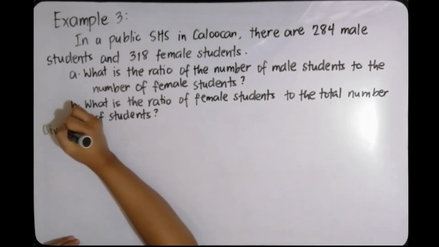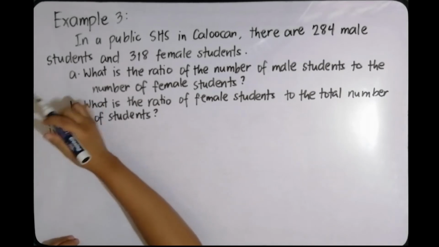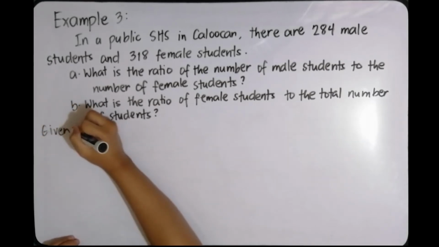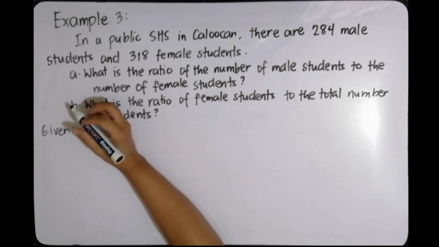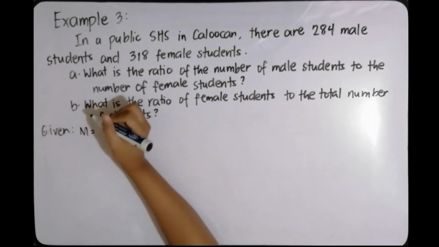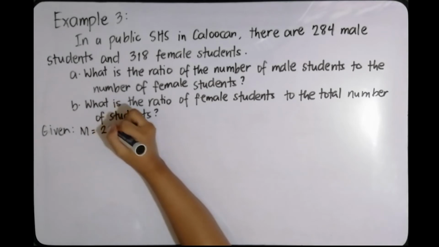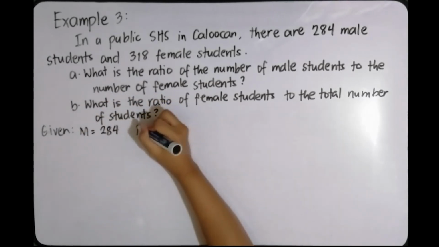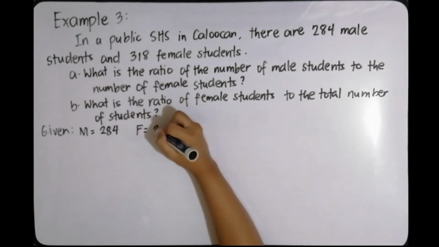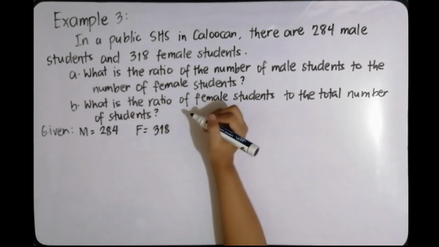So let's have first the given values. Let's notate the male students with M. We have 284 students for male, and for female, we have 318 students.